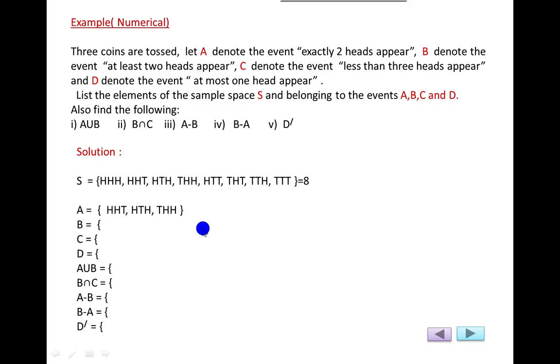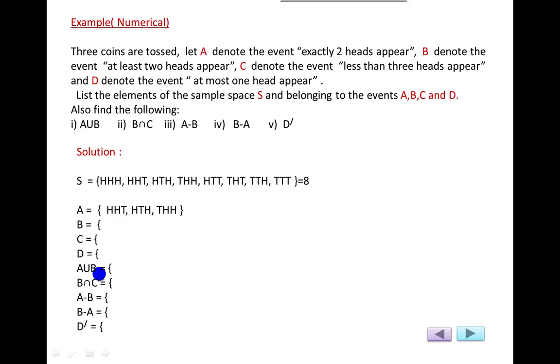Value will be equal to 4. C denotes the event less than 3 heads. Less than 3 means these all 7. D denotes the event at most one head, maximum one, not more than one. So from these, the last four will be included in this.